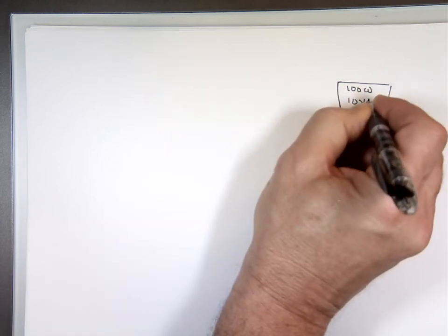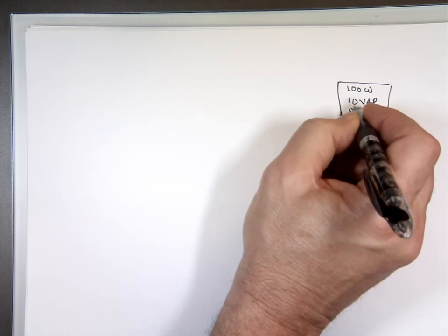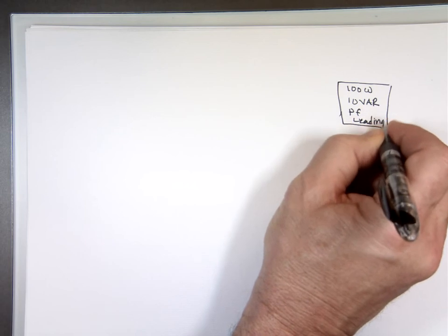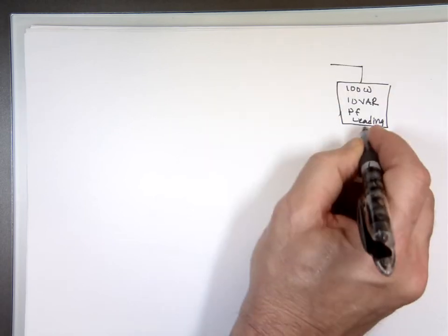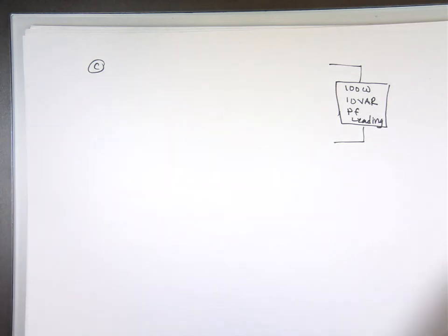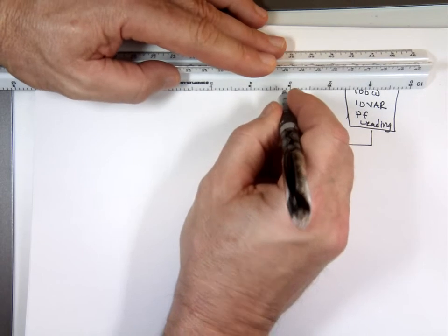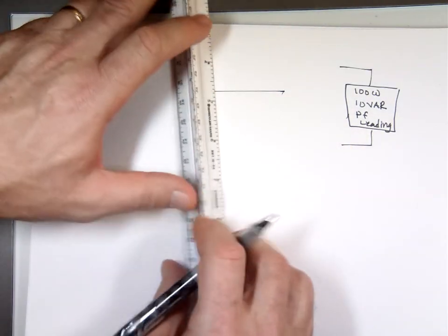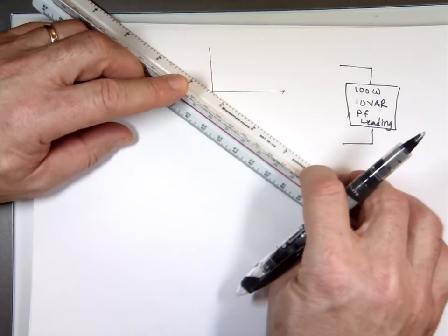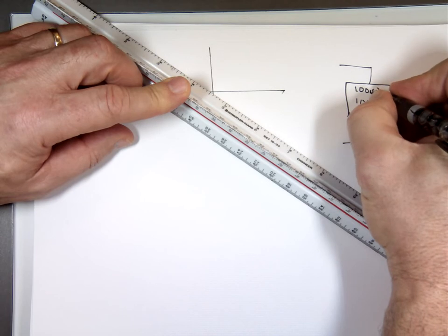Does it say leading or lagging for that one? Leading. Different example again. Since the power factor is leading, that means which quadrant? Down here. Watts, actually, it's 1,000 watts, not 100. And the other one is 10 var? Yep. Okay.